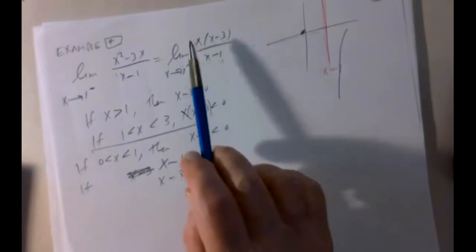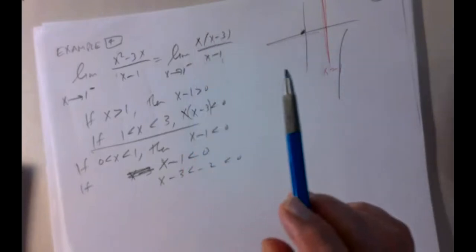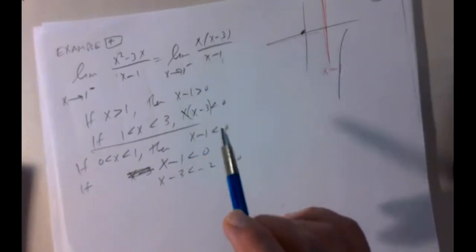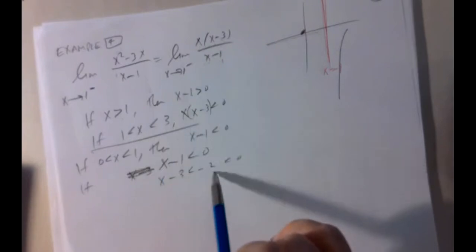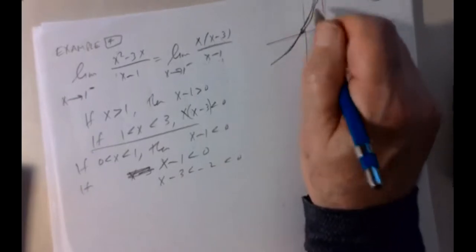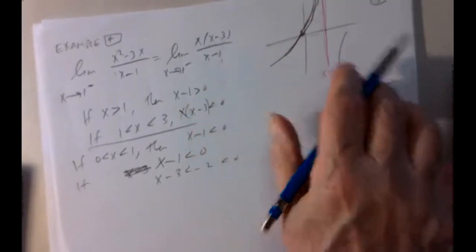And so what we have here is a positive times a negative number. A negative number times a negative number is positive. So this is positive, and the denominator is going to 0, and the function is going to infinity.